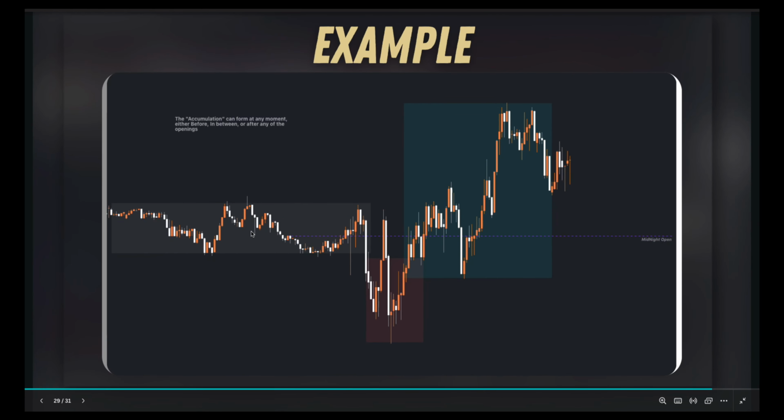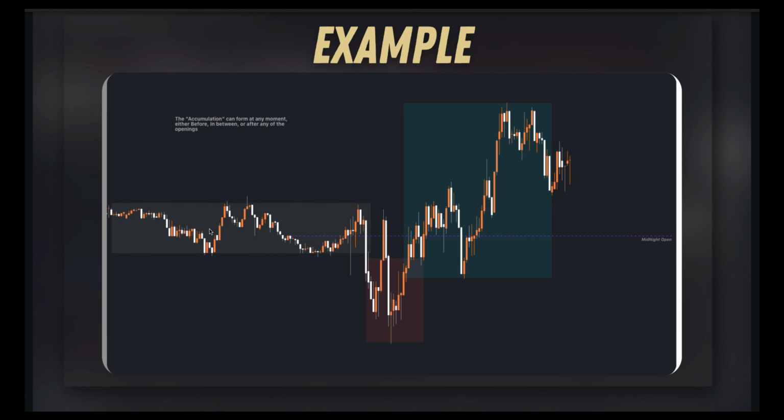All right, like I said, accumulation can form anywhere between before and after or during the opening price. So here you can see price was already accumulating before the midnight open. What does price do? Consolidate a little bit under it, comes up, then the candle comes down, sweeps this liquidity, then starts trading back up, consolidates up here, and then finally it goes back down again.